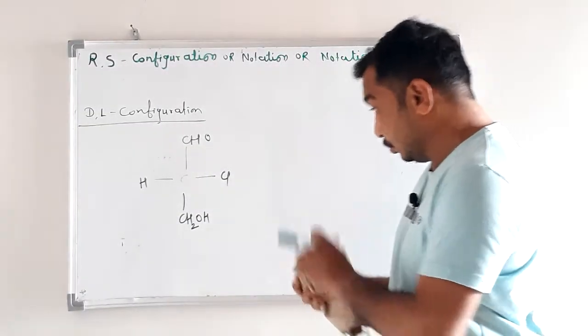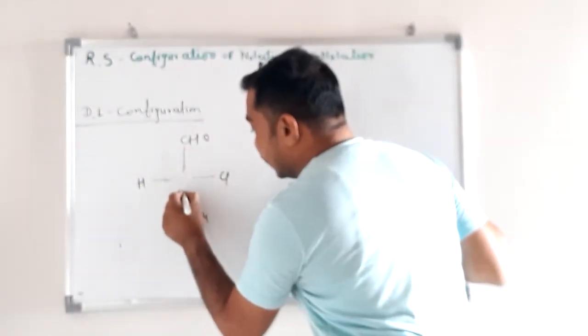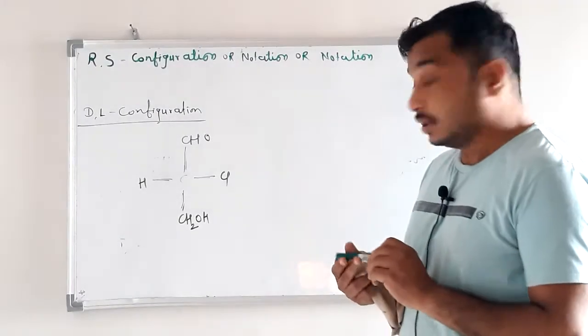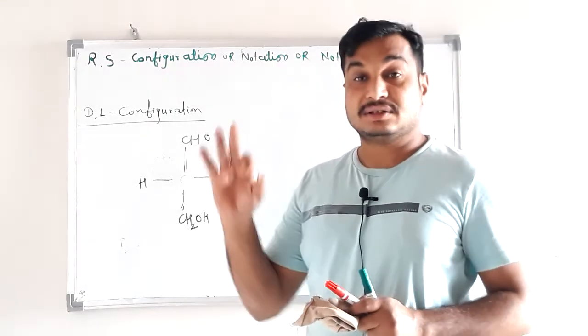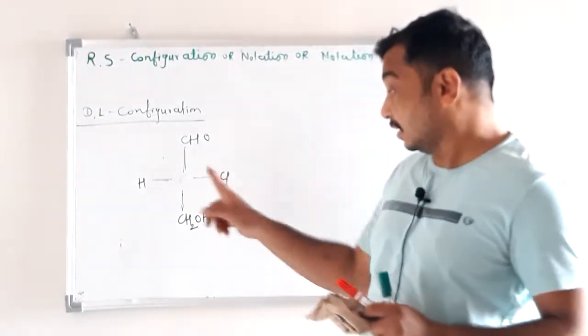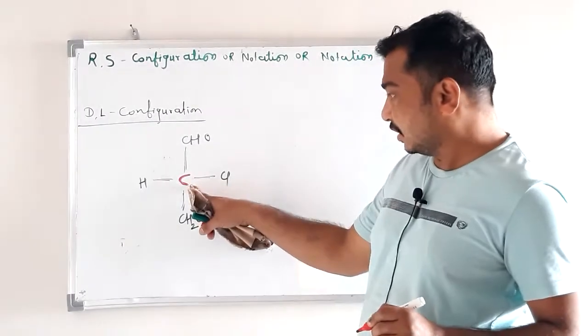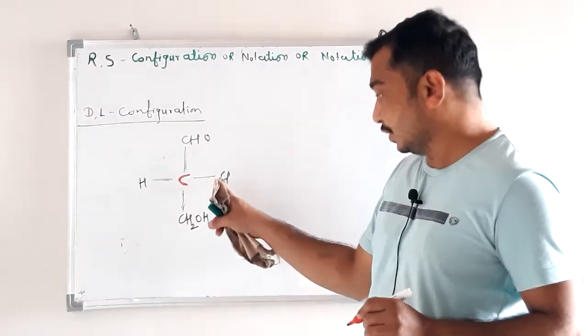Now, to this compound, I want to give D or L nomenclature. What do we have to do? Again, first identify the last chiral carbon atom. Here, this carbon atom is chiral, no doubt, an asymmetric carbon atom. It is attached to four different substituents: CHO, H, CH2OH and Cl.